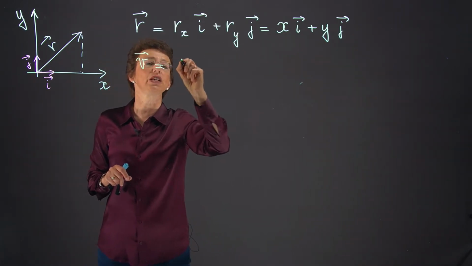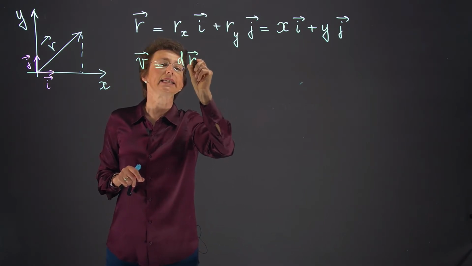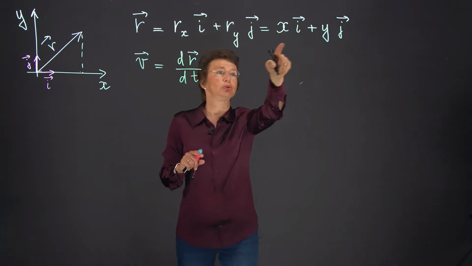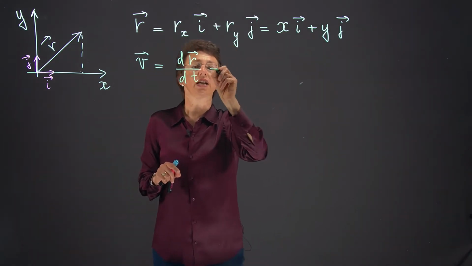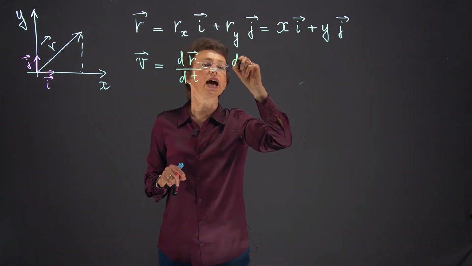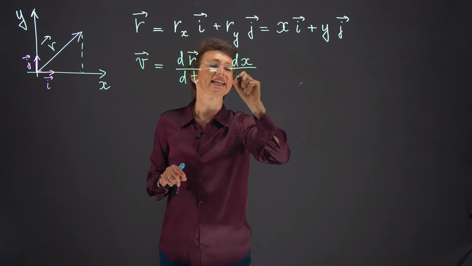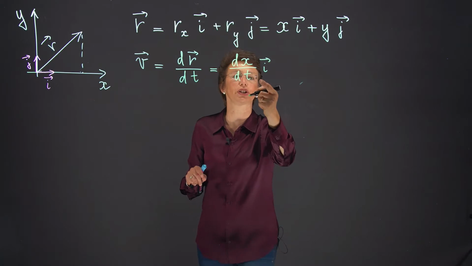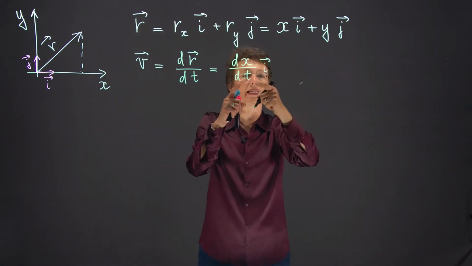Velocity, by definition, is dr/dt. So I need to differentiate this expression. I differentiate the first guy, dx/dt times i, and I have to use the product rule. I differentiate x times i.